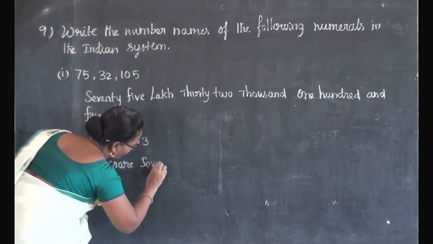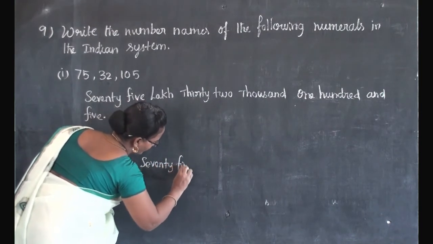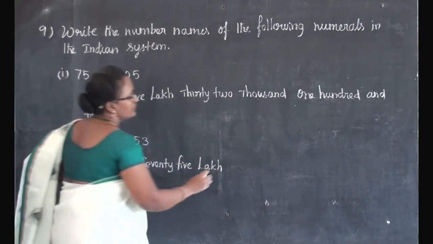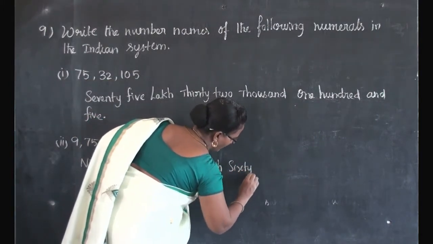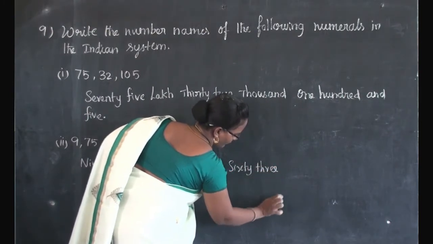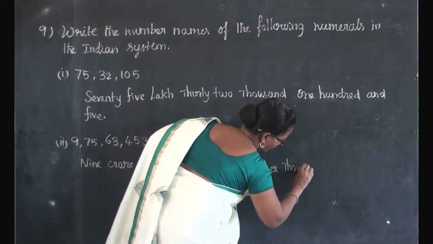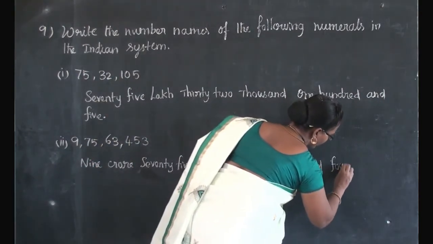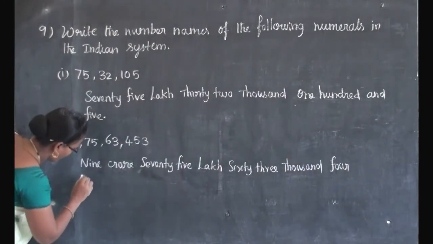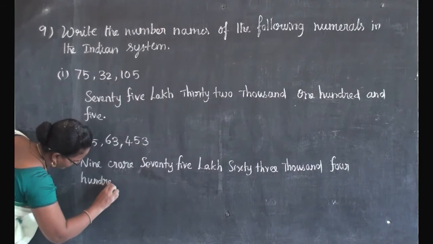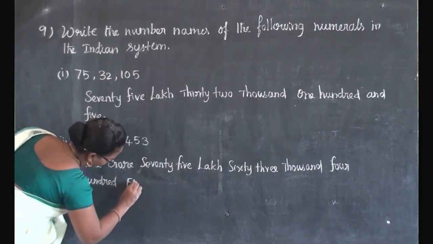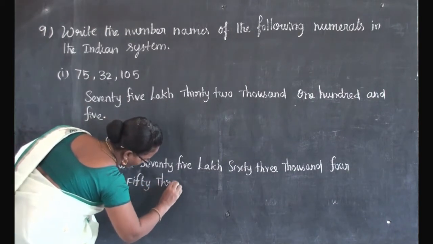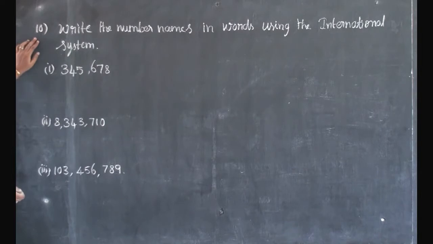So 75 lakh, 63 thousand, and then 453. That is the answer.